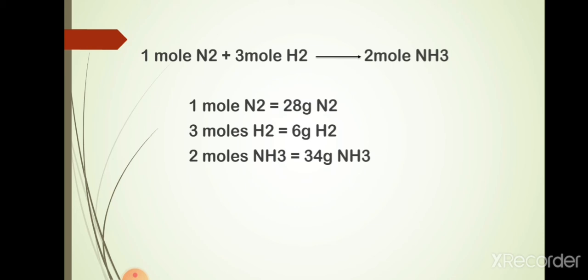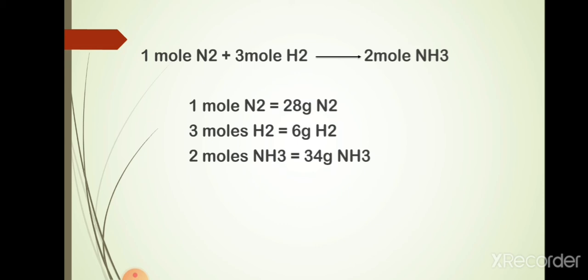Since we have only 1 mole, it is 28 grams of nitrogen itself. In the case of hydrogen, we are using 3 moles. To convert 3 moles of hydrogen to grams, 3 times the molar mass of hydrogen gives the answer, that is 3 times 2 grams, equal to 6 grams.